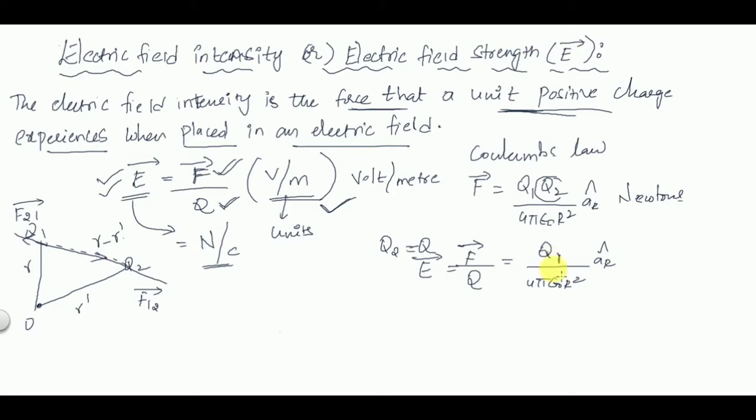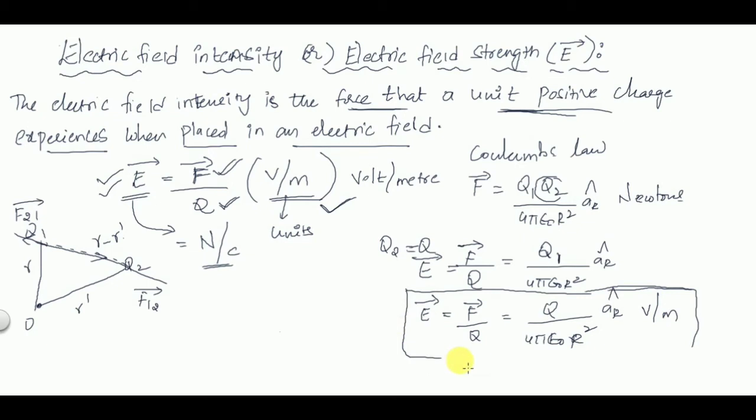Generally, instead of q1 I am taking q, let it be any charge. So F bar by q is equal to q by 4 pi epsilon naught r square into ar cap. This is the formula for electric field intensity.